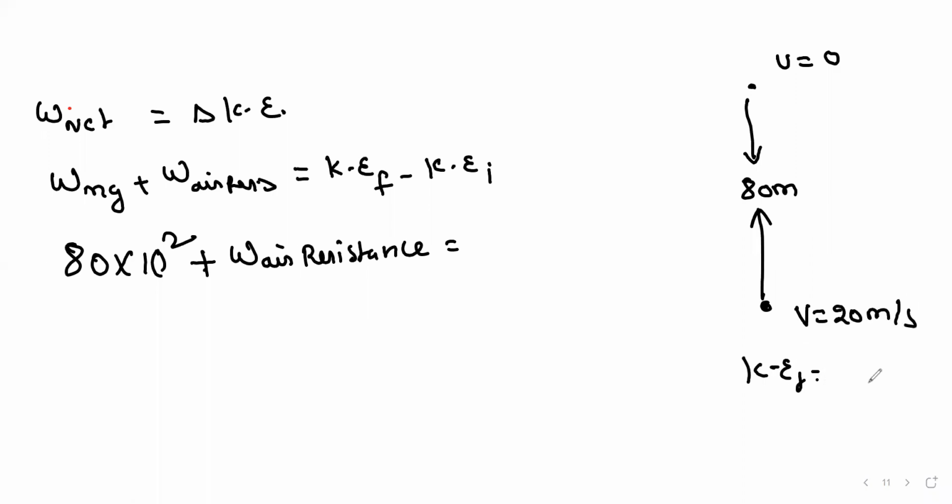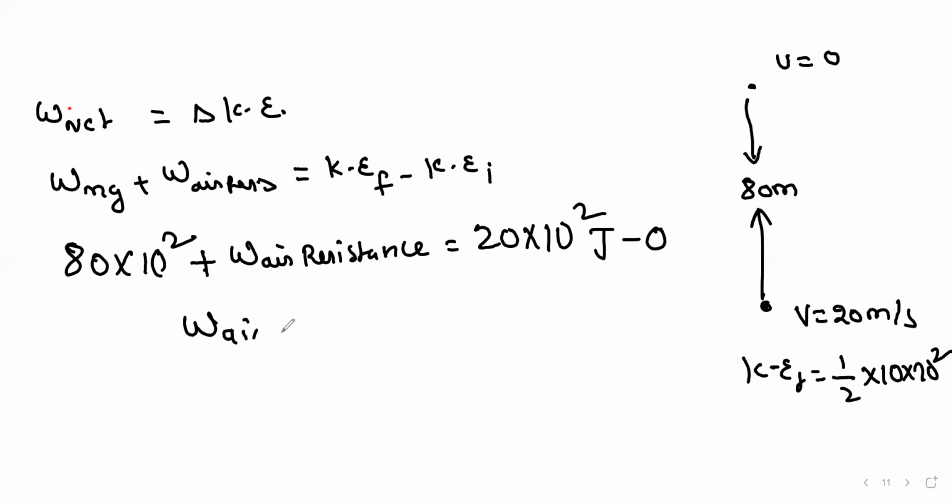So final kinetic energy is half mv square, half into 10 into 20 square, which is 20 into 10 to the power 2 joule, minus 0. So work done by resistance is minus 60 into 10 power 2 joules.